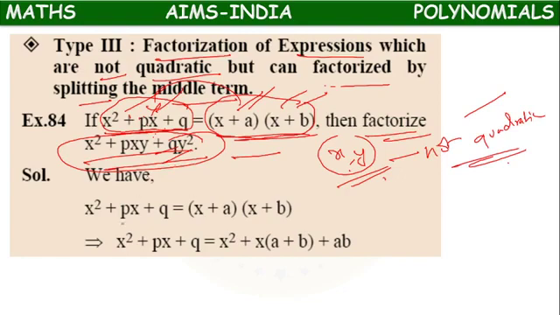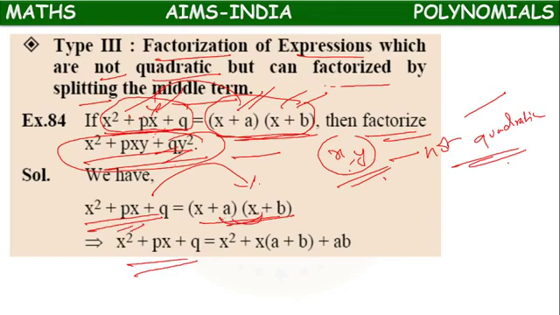So we have the given polynomial x plus a into x plus b. So LHS we will keep like that only. For given polynomial, factors given means if you multiply the factors, it should be equal to given polynomial.